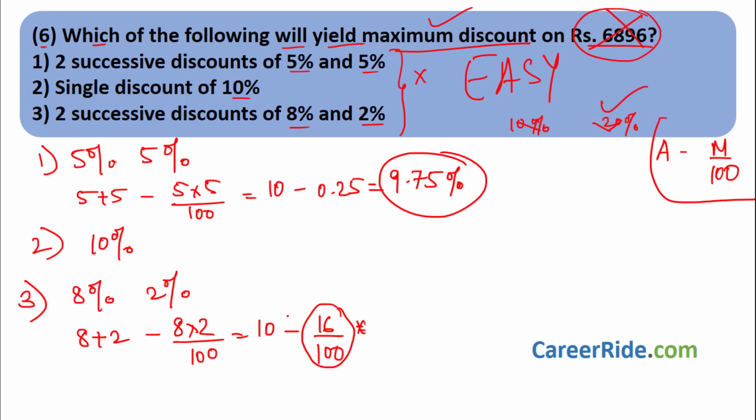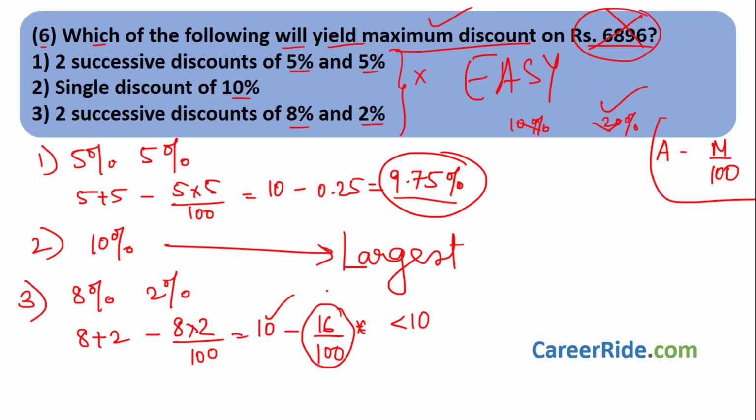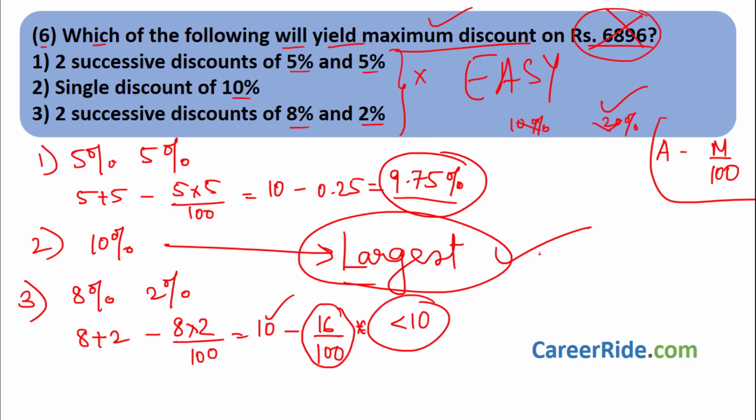Why? 10 minus, that means something is going to get subtracted from 10. Is that right? That means the value will be less than 10. We already have 10% over here, right? So this is nothing but largest, okay, amongst 9.75, 10% and some value which is little bit less than 10. Largest is nothing but 10. So this is the one. This option will give you maximum discount. See how easy it was.